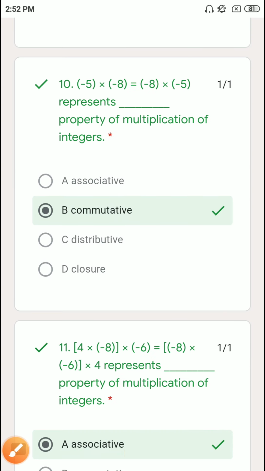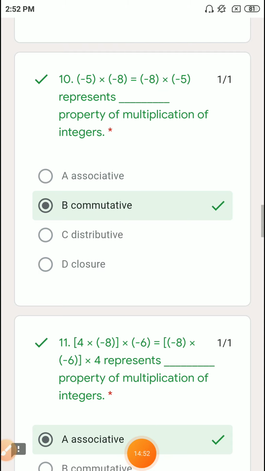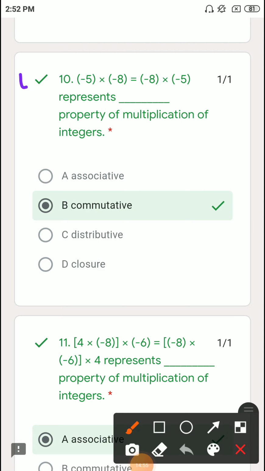After that, question number 10. Here minus 5 multiply minus 8 is equal to minus 8 multiply minus 5 represents which property of multiplication of integers. Here in between, multiplication is there, so this is a property of multiplication of integers, right?